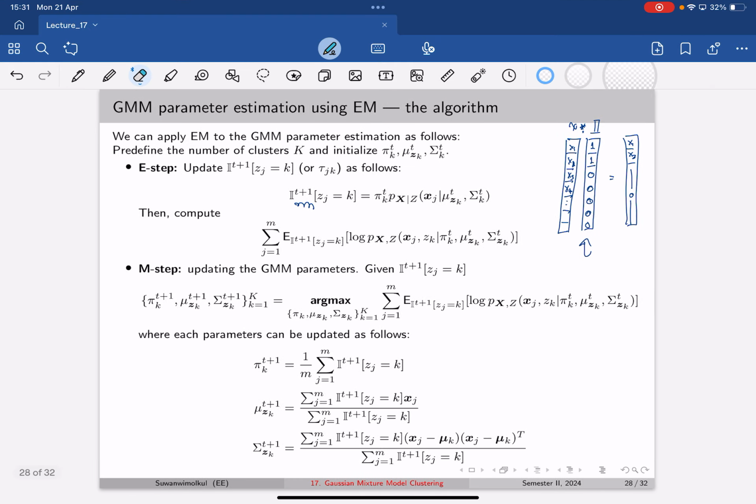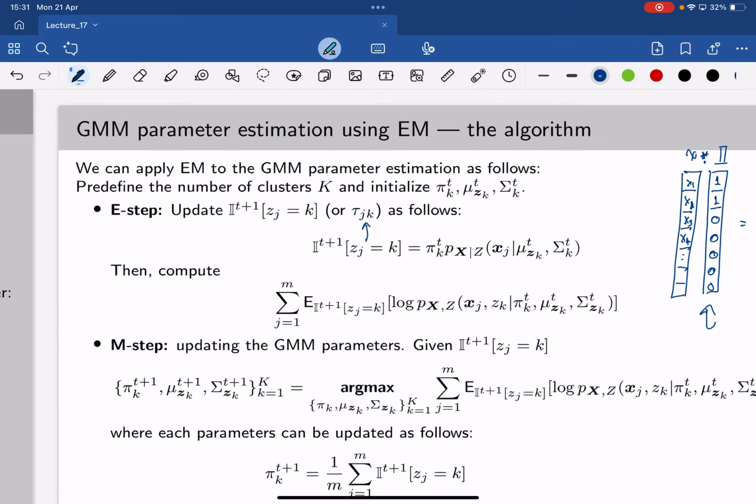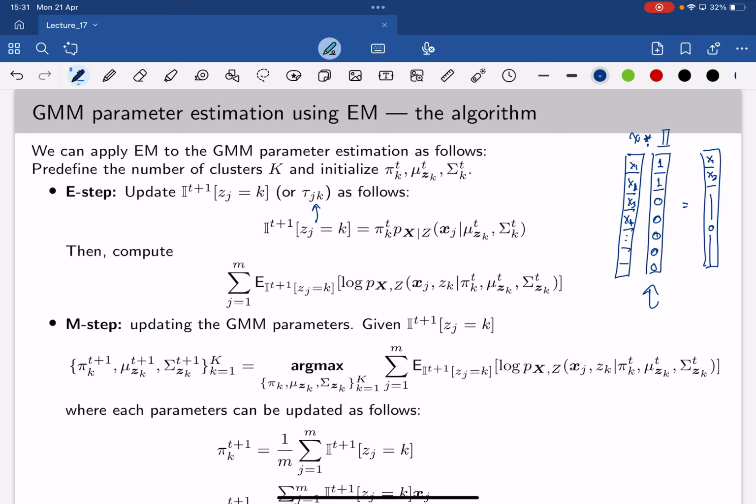So yes, in this case, we use it to replace the tau jk parameters. And once you have this value here, then you use it to compute an expectation.